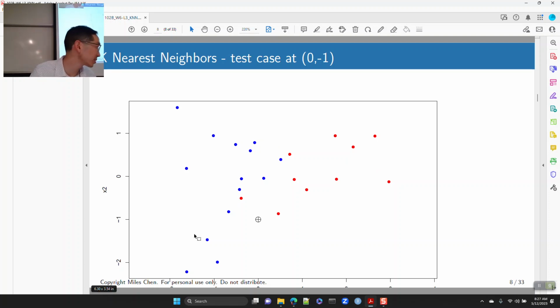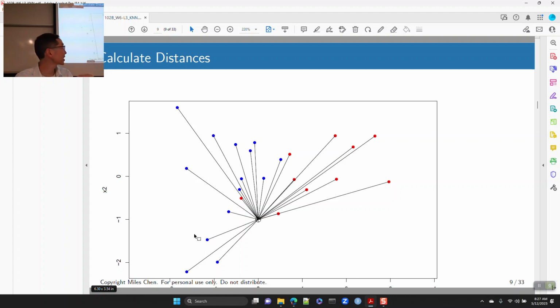So you might feel like, why bother calculating the distance to every single point in the data, which is what I have on the next slide, where I've drawn all of the Euclidean distances. This feels silly in 2 dimensions, but once you go higher than 2 dimensions, there's no way to look at a point and say which points are the closest.